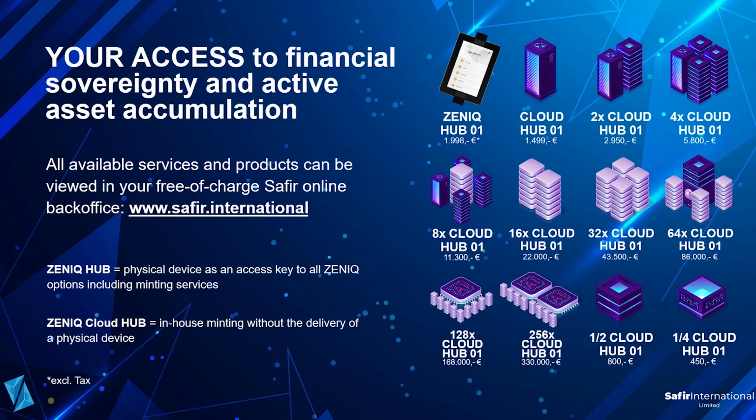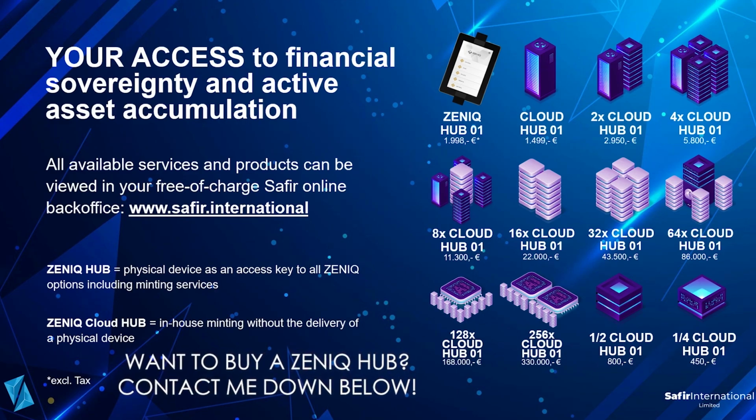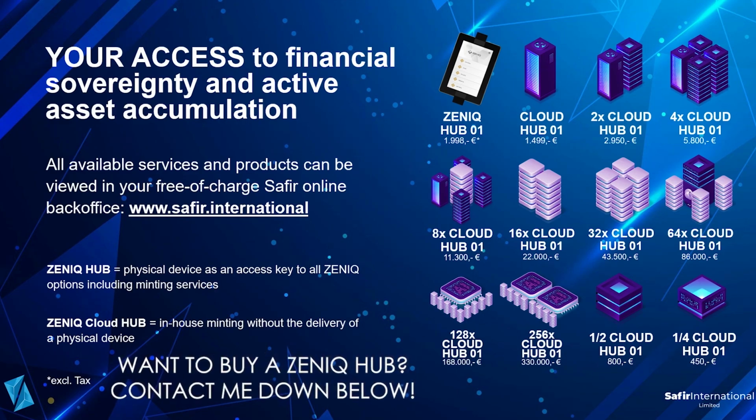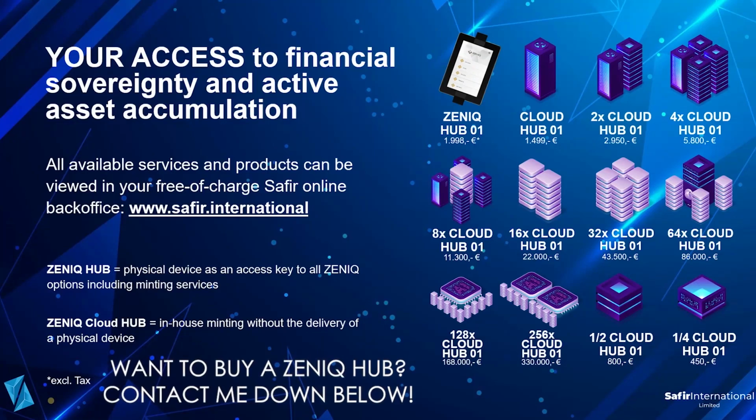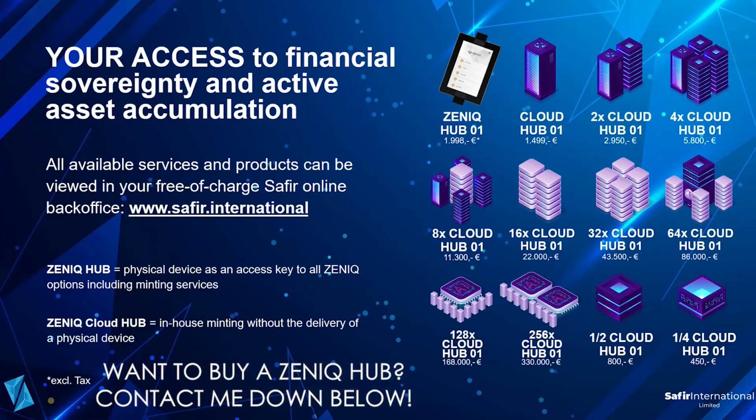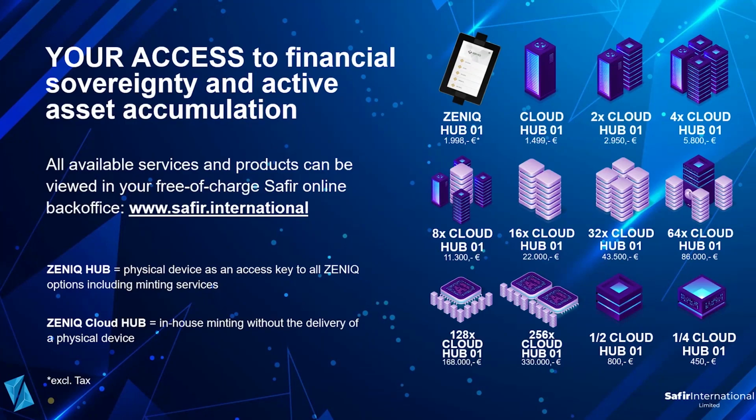So the big difference between the Zeniq Hub and the Cloud Hub is that the Zeniq Hub is the device itself that you can hold in your hand, while the Cloud Hub is something that you can't hold. It's lying in the company cellar, you can say, and it's producing coins for you that you are just managing via your Sapphire back office or your app.